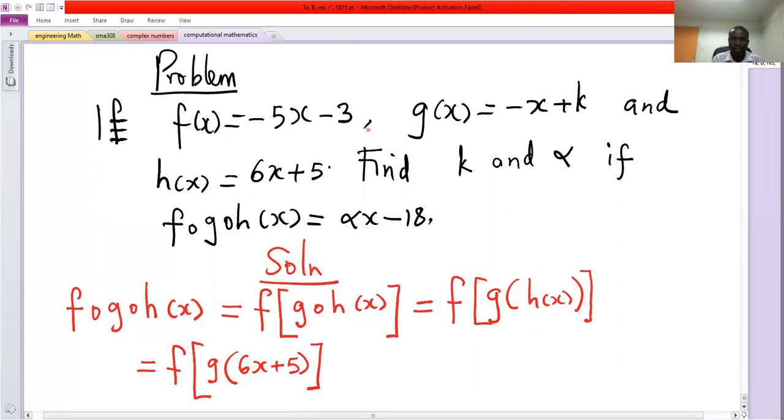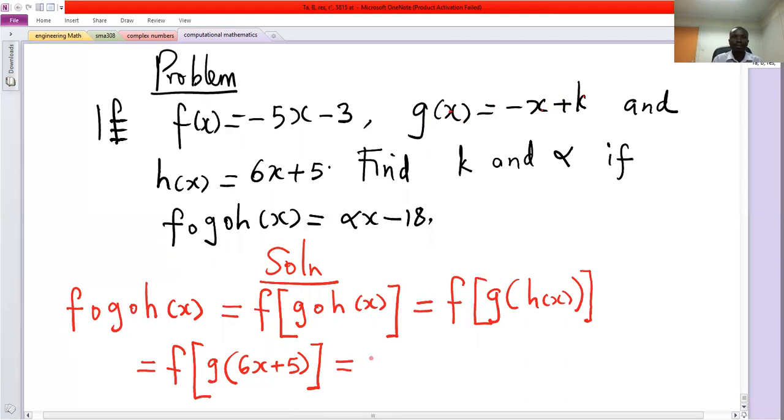Now, the original definition of g of x is minus x plus k, which means that this function g, when it is given an input called x, always takes the negative of the input and then adds a constant k. So when you give it 6x plus 5, it will do the same job.